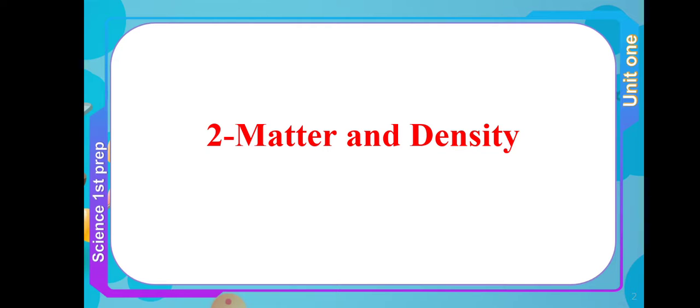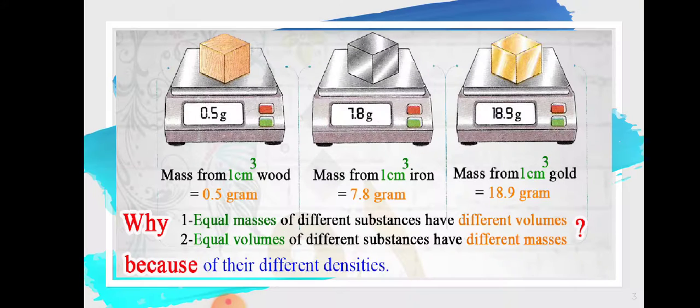Today we are going to study matter and density, and how we can use density to differentiate between different substances. If we have three cubes of different substances, a cube of wood, a cube of iron, and a cube of gold, each cube has a volume of 1 cubic centimeter.